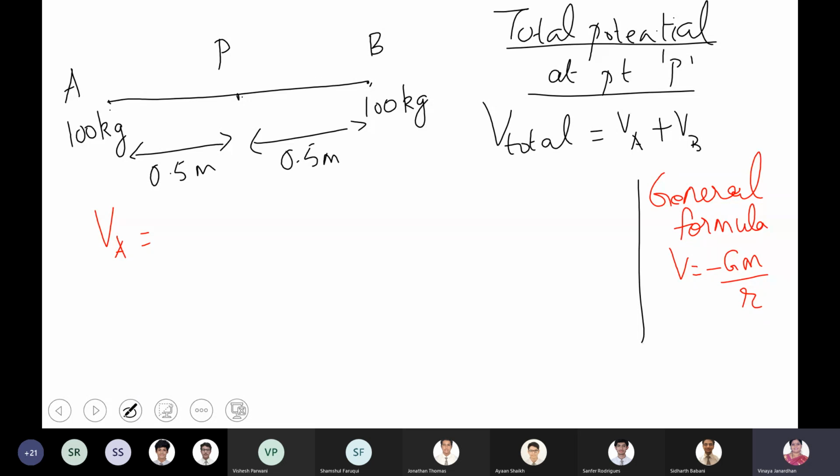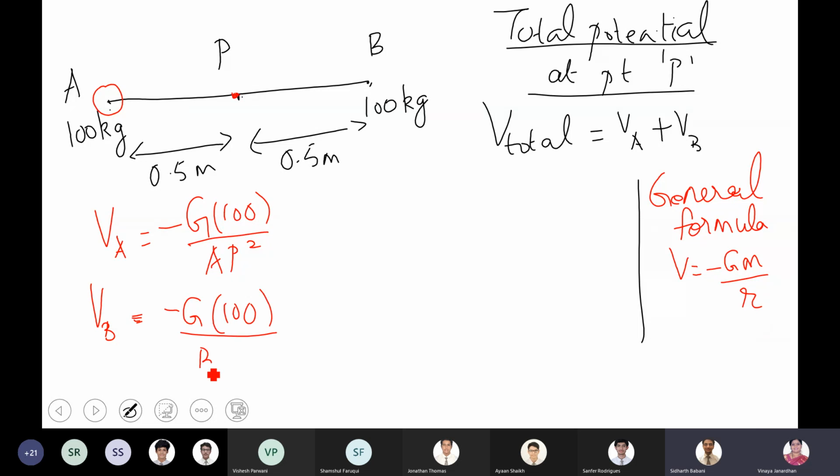So now what is VA? Minus G into, what is the mass which is located at A? 100. What is the distance? I want to find the potential at point P due to A. So what is the distance between them? AP. What is VB? Minus G into the same mass 100 divided by BP. Now, what is V?